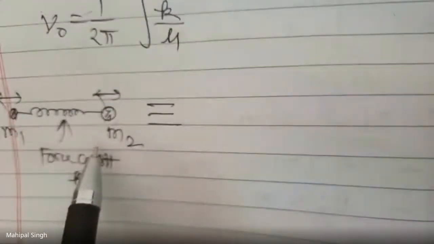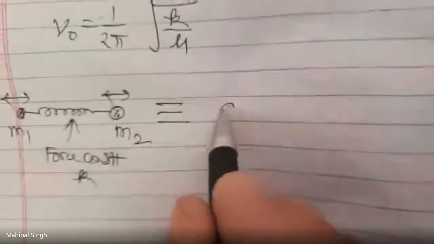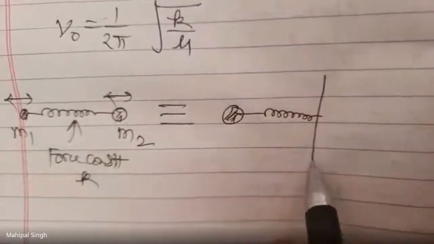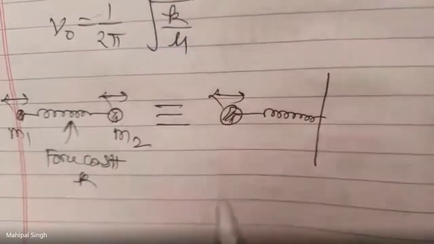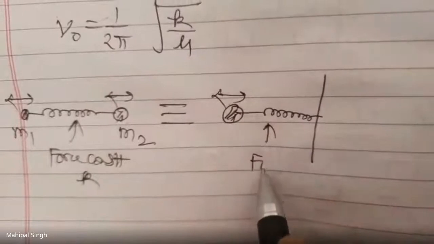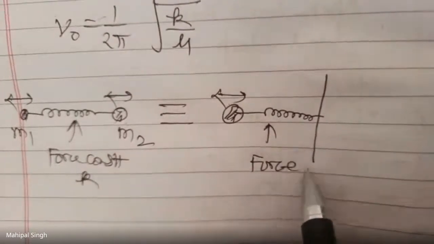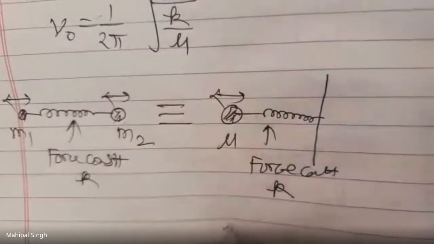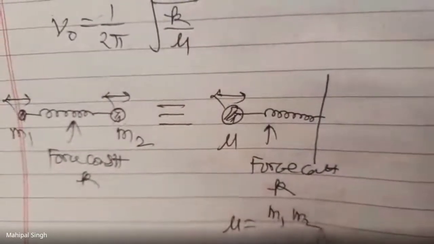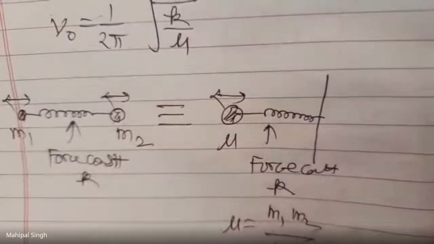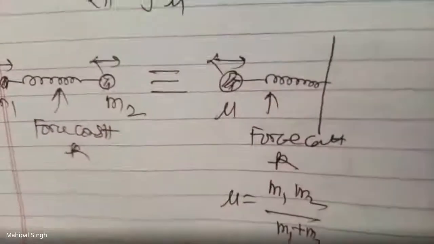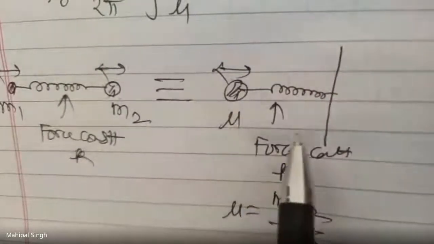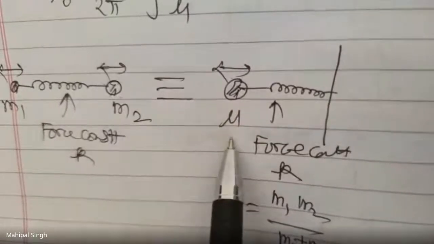Now we take a single mass connected with this spring, force constant k. This is mu, and mu is m1 m2 upon m1 plus m2. This is the reduced mass. So this two body problem is reduced into a single body problem. Mu is the reduced mass of this system.